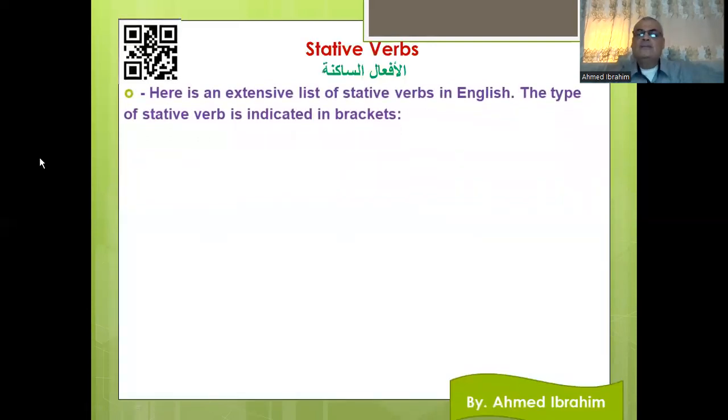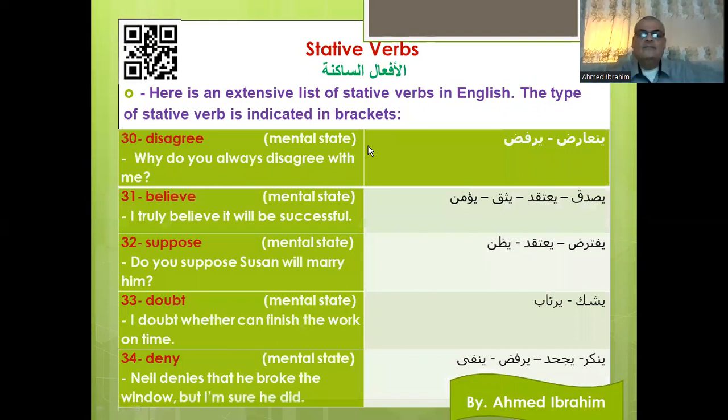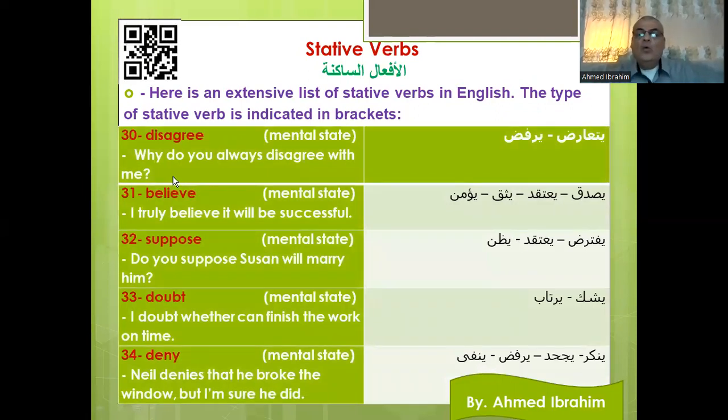Stative verbs. Here is an extensive list of stative verbs in English, and the type of stative verb is indicated in brackets. Disagree. Why do you always disagree with me? Okay, notice the type of stative verb is indicated in brackets, and the meaning also is written in Arabic.